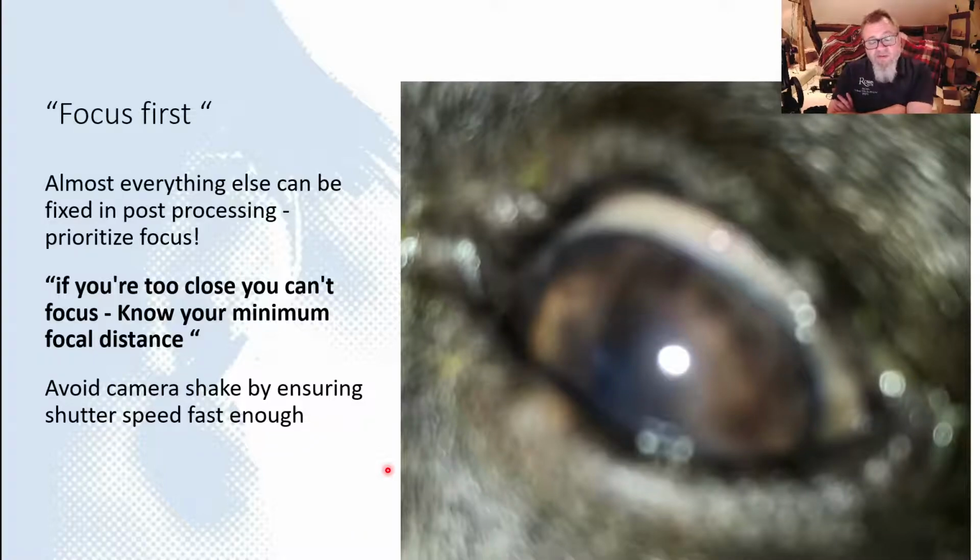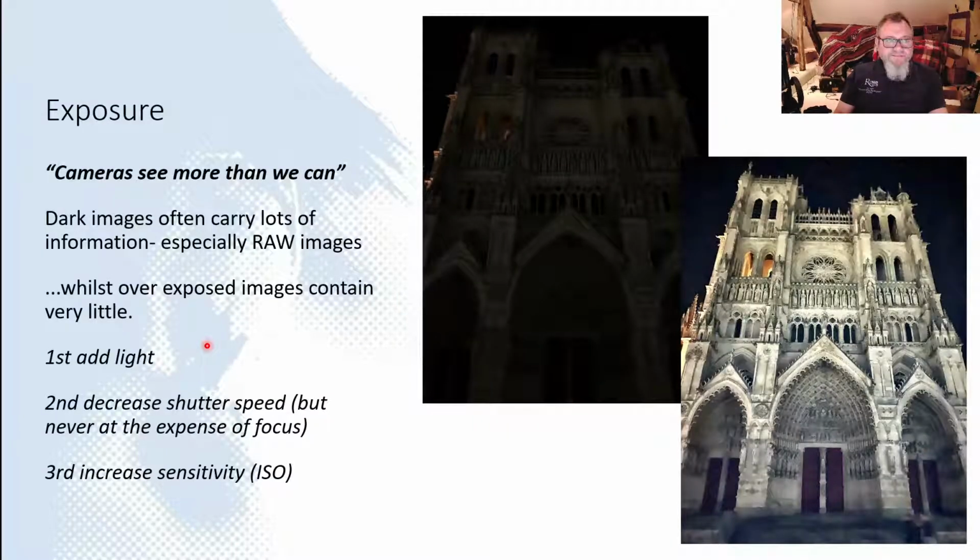The most common reason for camera shake would be not enough light in the first place. If you haven't got enough light coming back from the eye, then the camera will have to lengthen its shutter speed to try and keep it exposed, and you'll end up with this blurring. But the key point is to know the minimum focal distance for your phone camera.